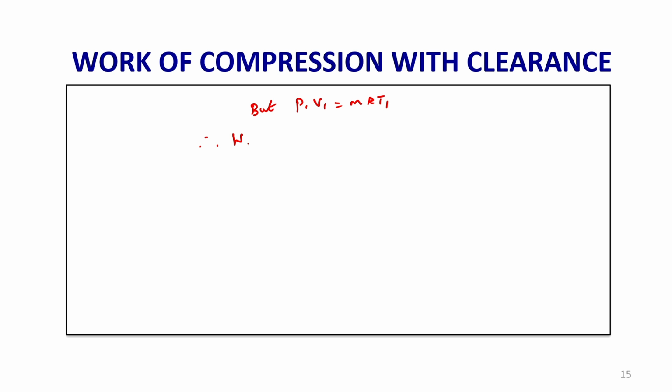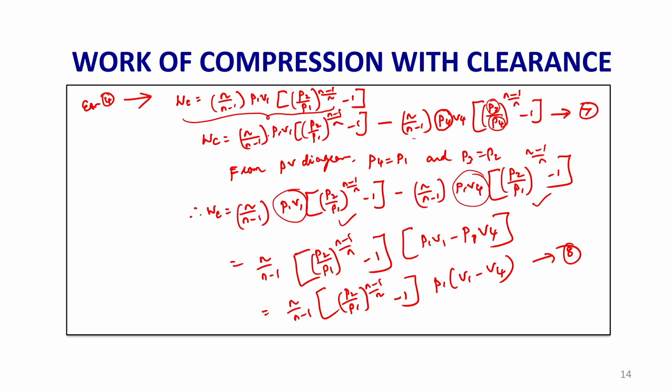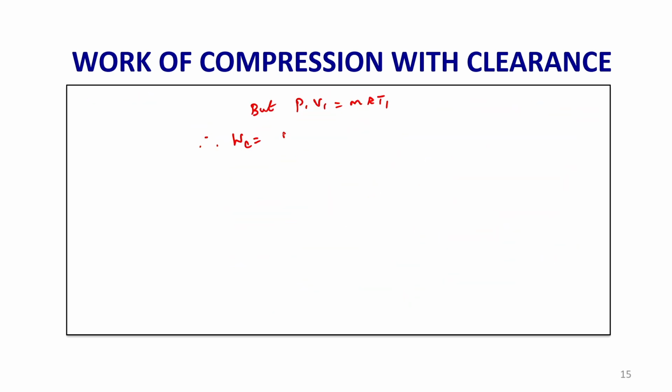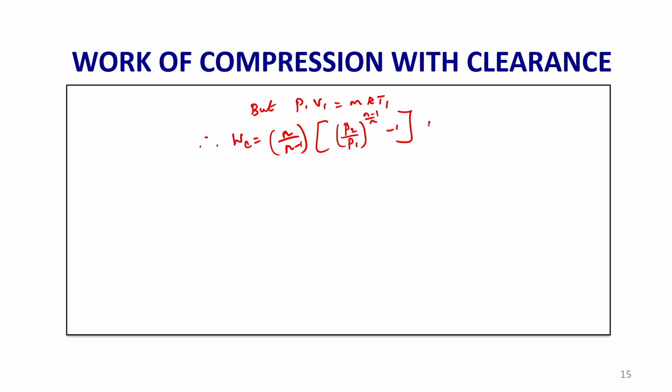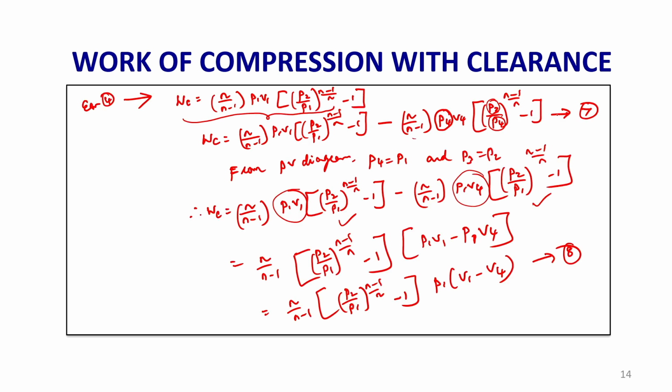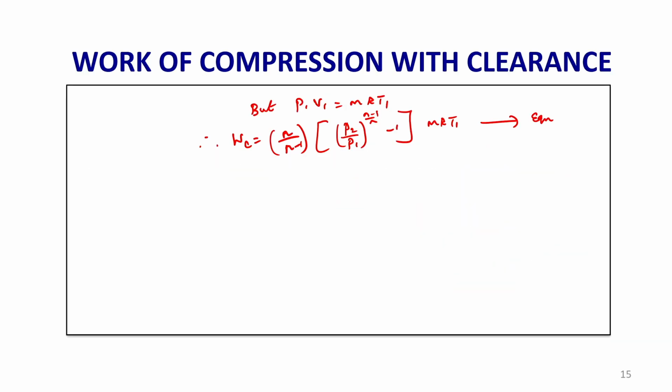Therefore, the work of compression is equal to n/(n-1) into [(P2/P1)^((n-1)/n) minus 1] into MRT1. This will be equation number 9.